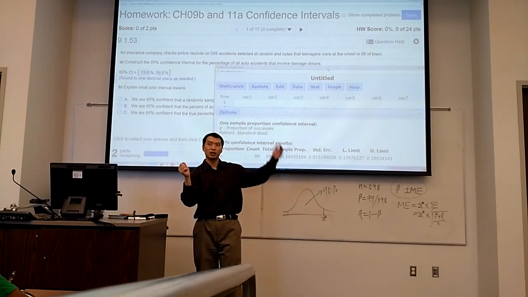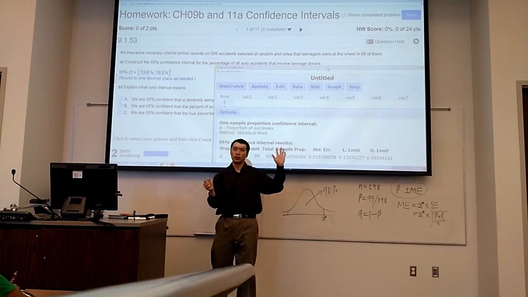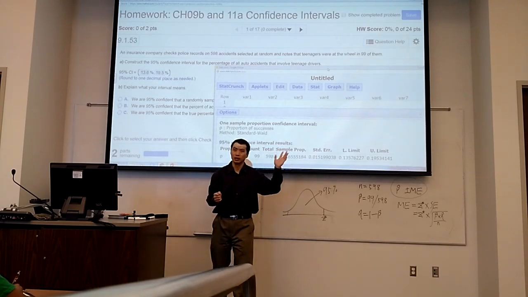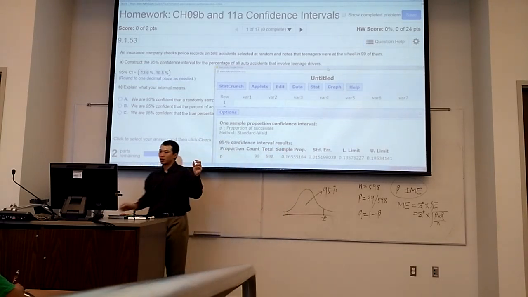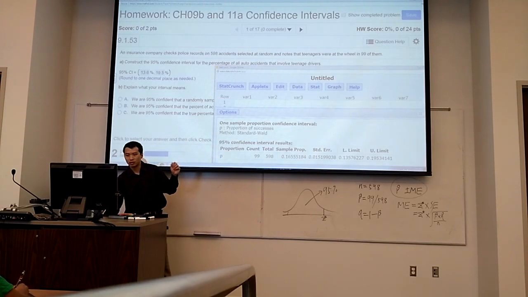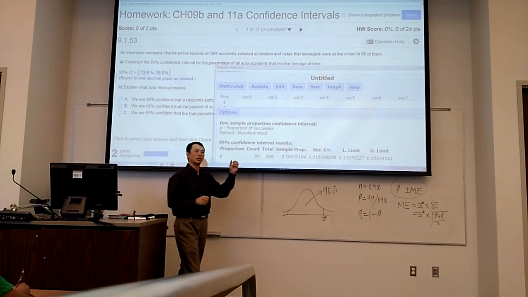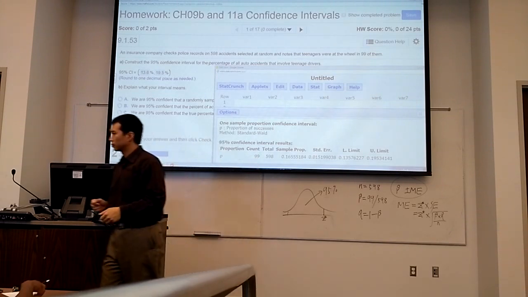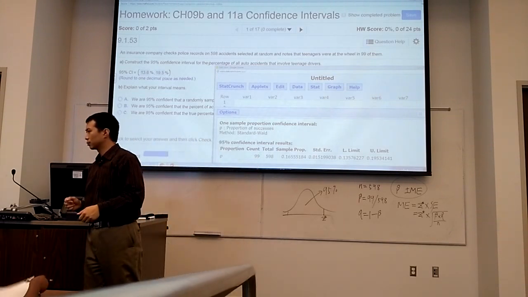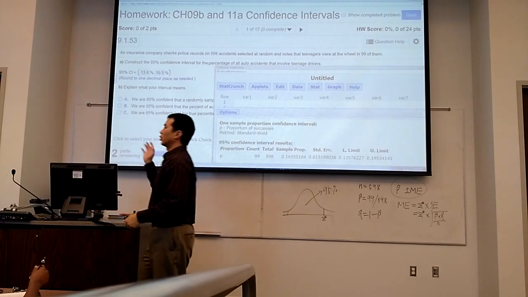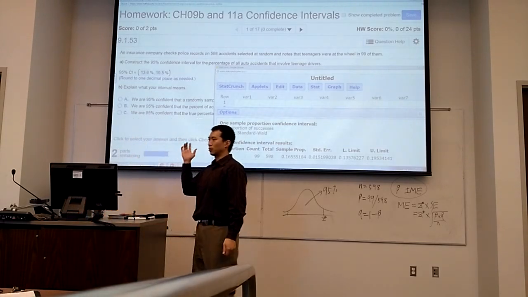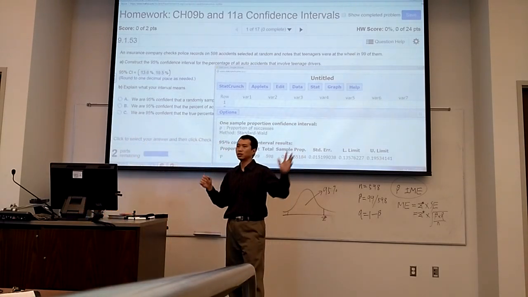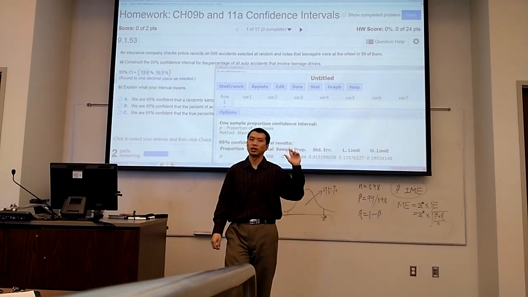We have other functions, but we will discuss those functions later, if we know that we are talking about the population proportion. We will have different types of questions, but for most questions we can use this function.